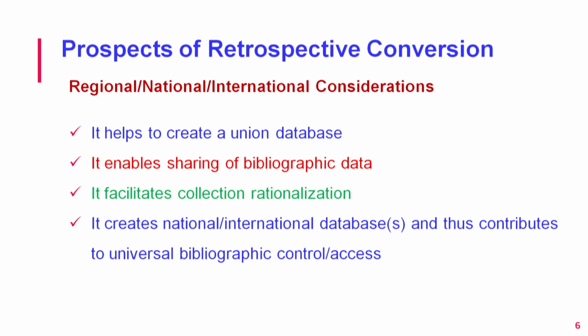And there can be a universal bibliographical control because you have the data in the public domain, so it can contribute to universal bibliographic control. It also enables networks, because the data is available in machine readable format, a network can also be developed.